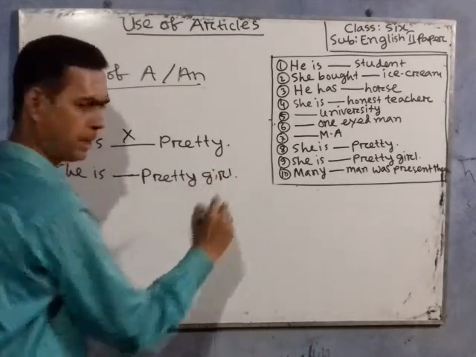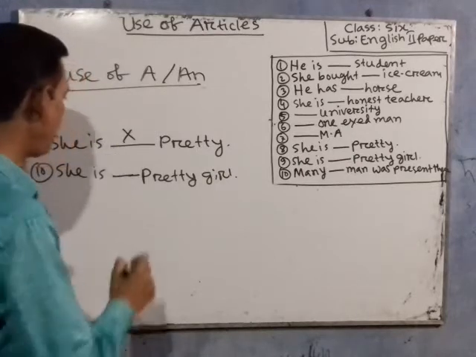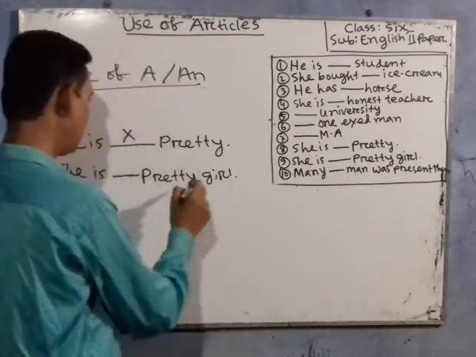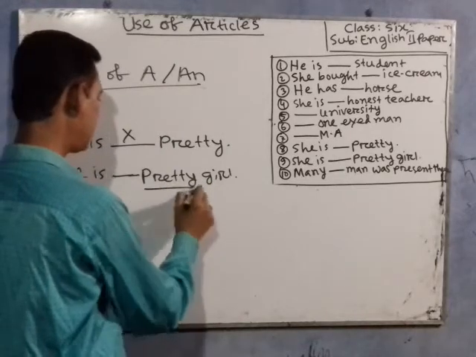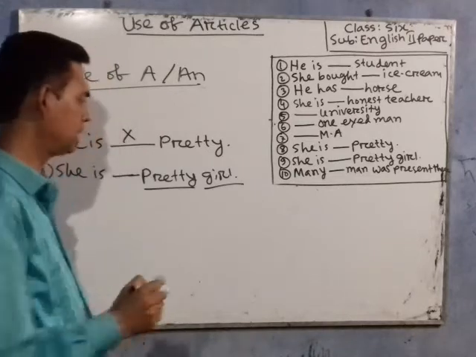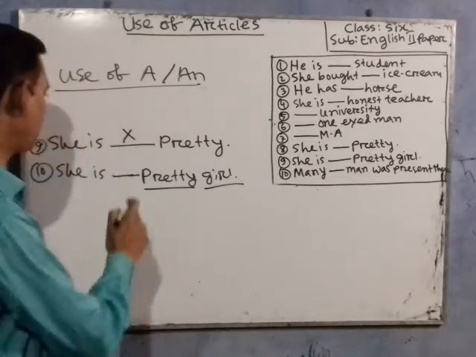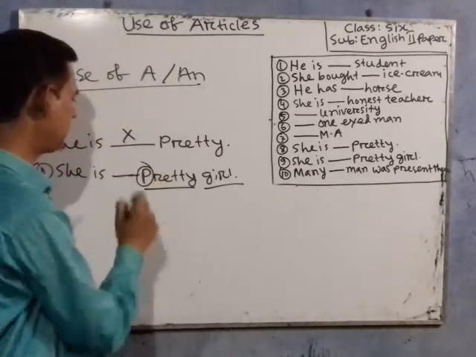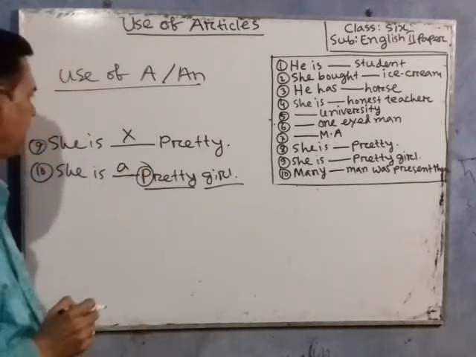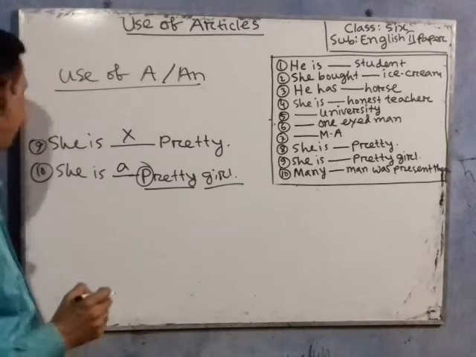Here, pretty is an adjective and this is a noun. That is why here the first letter of this adjective is a consonant. So here A will be used.